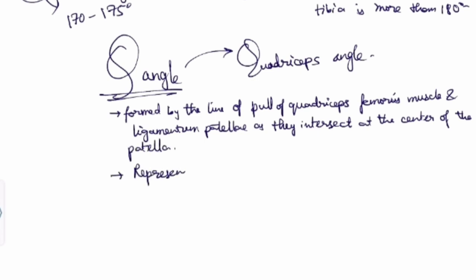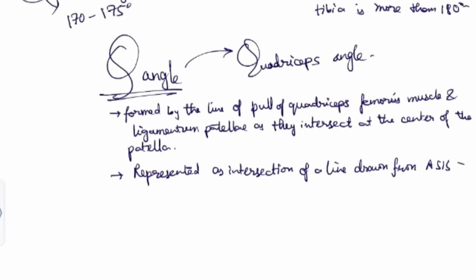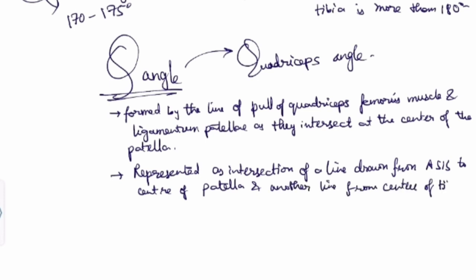Represent it as intersection of a line drawn from anterior superior iliac spine to center of patella, and another line from center of tibial tuberosity to center of patella.